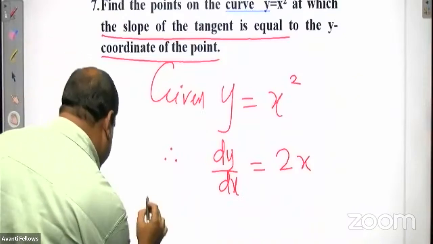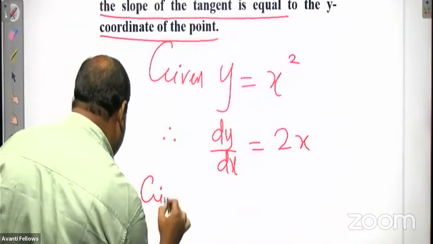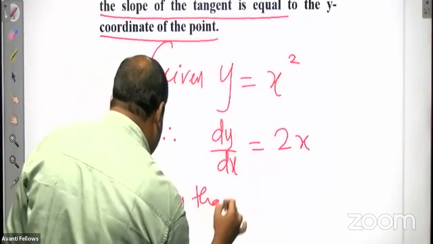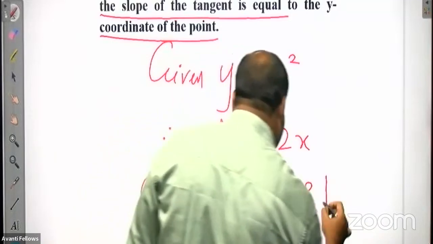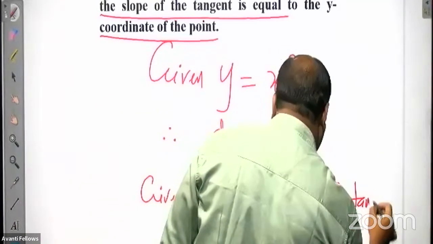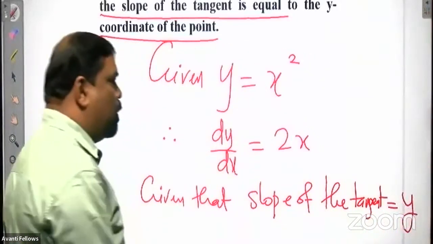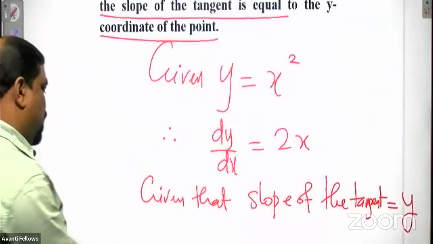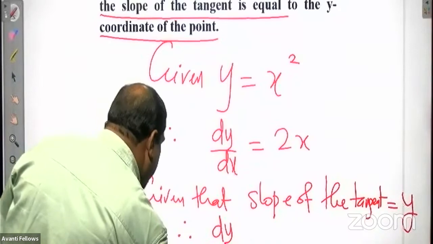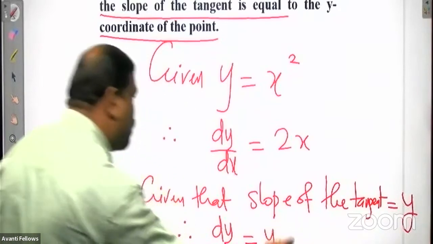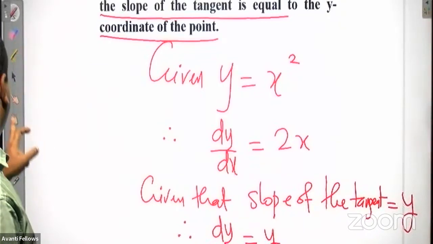That is given. Mathematically, we can write dy by dx is equal to y.